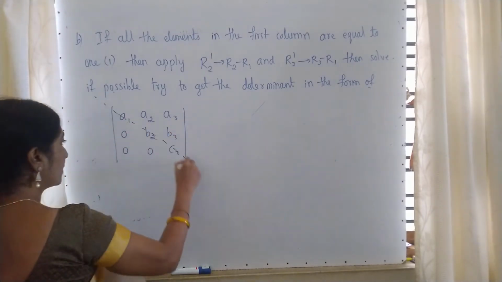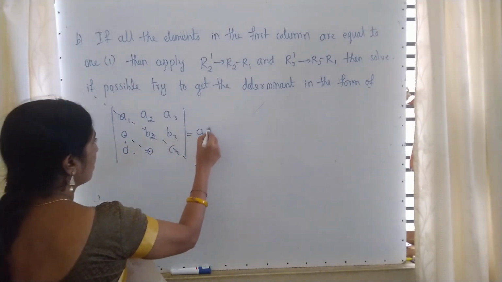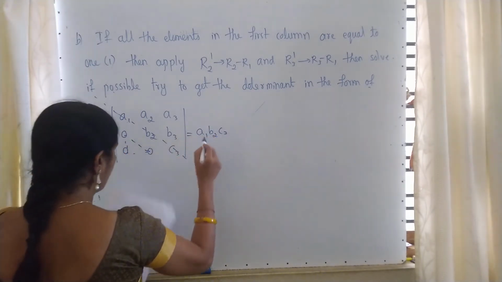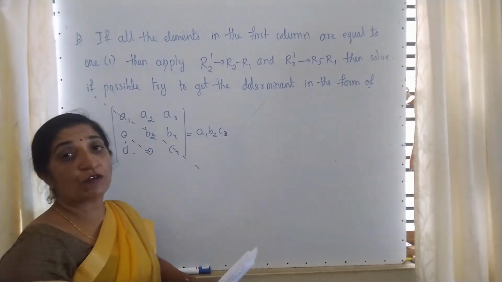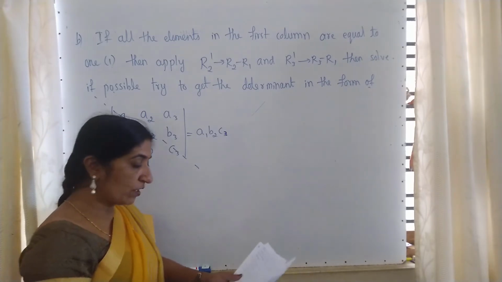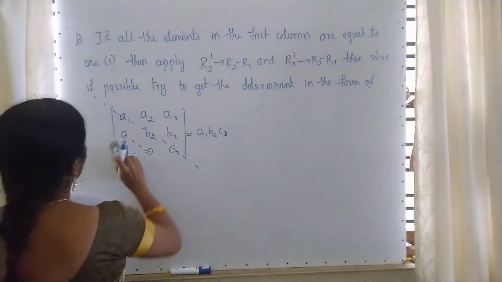So this is the principal diagonal. Join these. As you know, here the value is A1, B2, C3. So these are very important hints to solve the examples. Now I am coming to the examples. Remember this and please note it down.